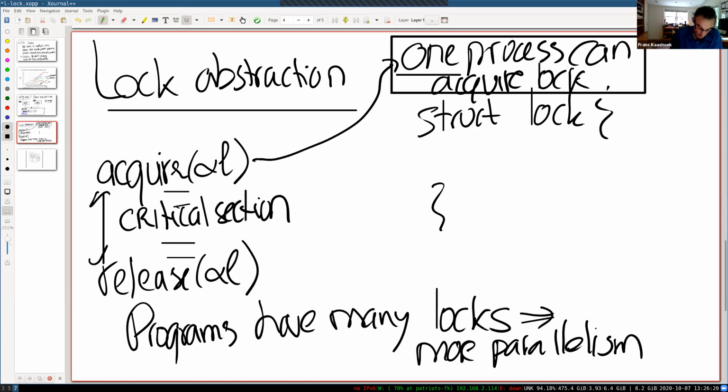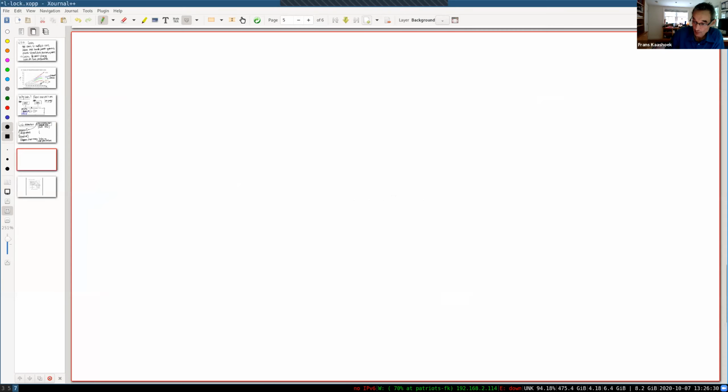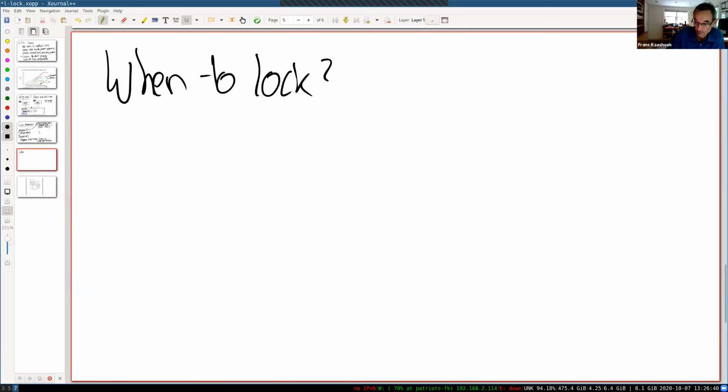So clearly, locks limit parallelism and therefore limit performance. And so this raises the question of when to lock. I'm going to give you a very conservative rule, but it's a good starting point to think about things.